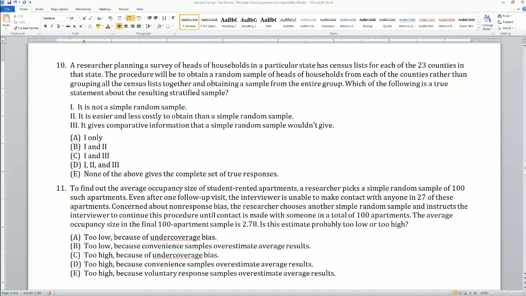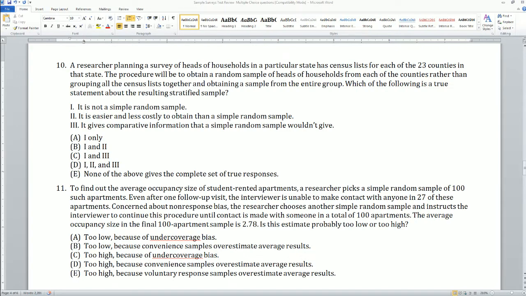So shouldn't 2 be wrong then? No, because 2 is the opposite of 1. Yes, correct. So 2, is it easier and less costly to obtain than a simple random sample?